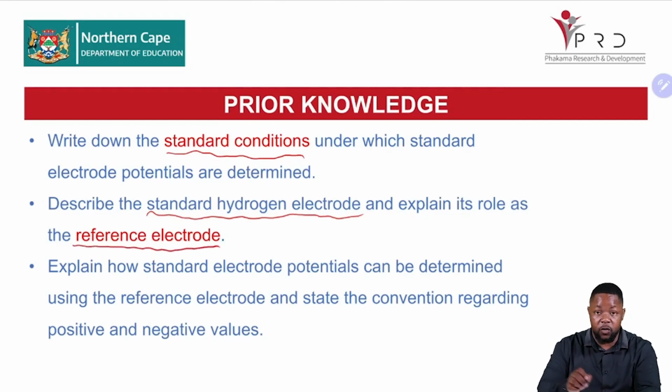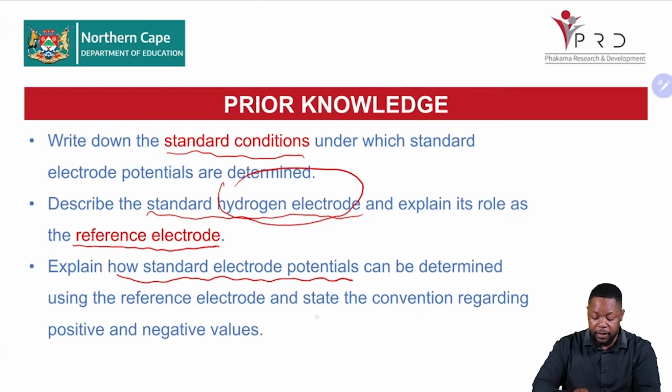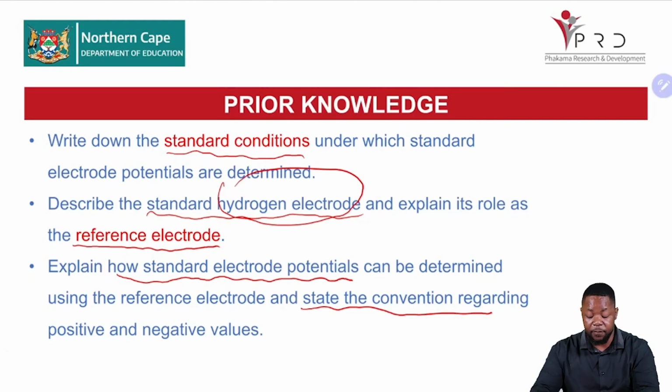We are also going to explain how the standard electrode potentials can be determined using the reference electrode, which is the hydrogen electrode. The hydrogen electrode is the reference electrode, and we are going to explain how it can be used to determine the electrode potentials of other reactants. We are also going to state the energy conversion regarding the positive and negative values.